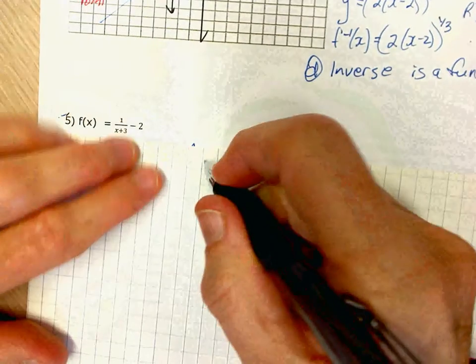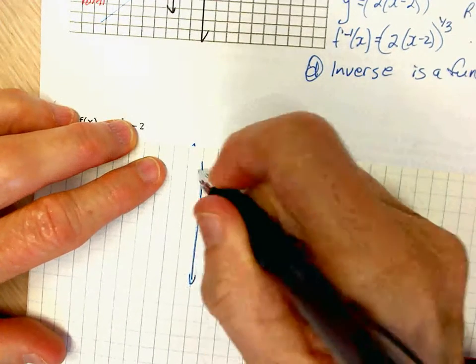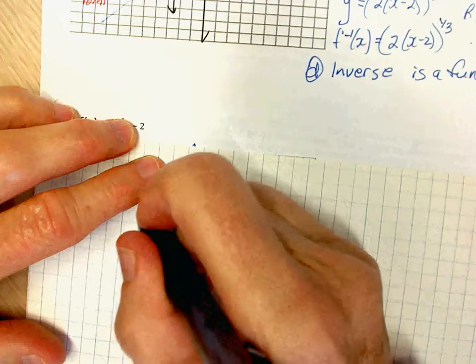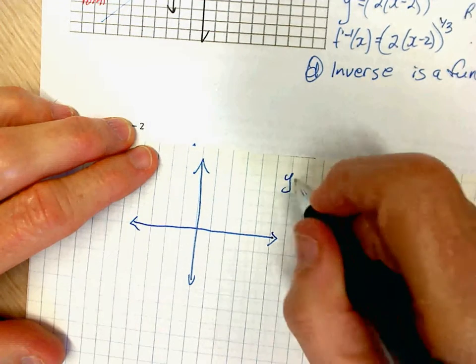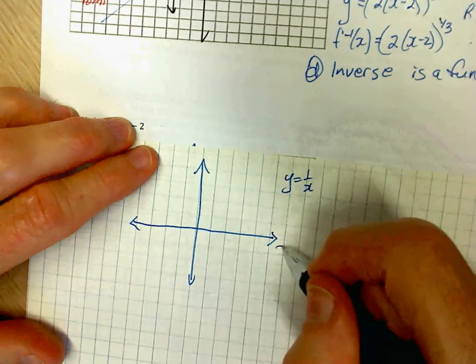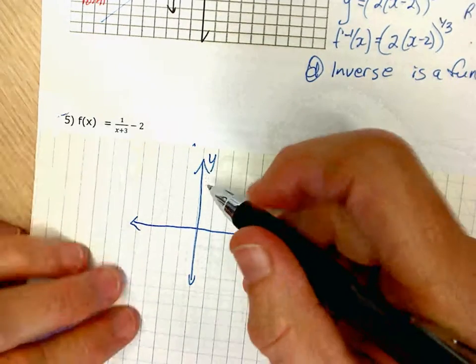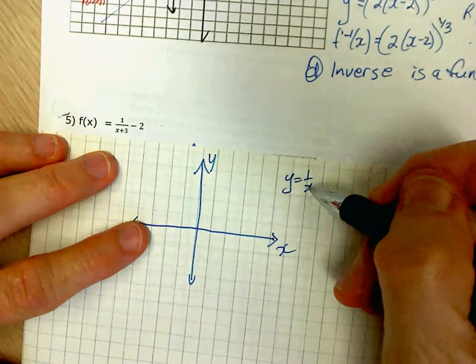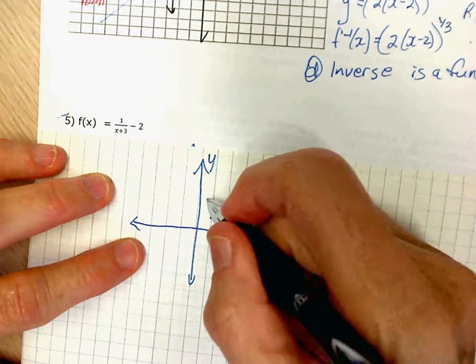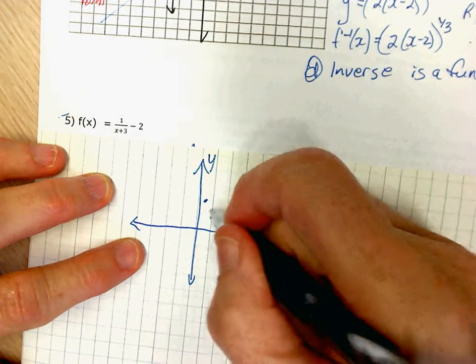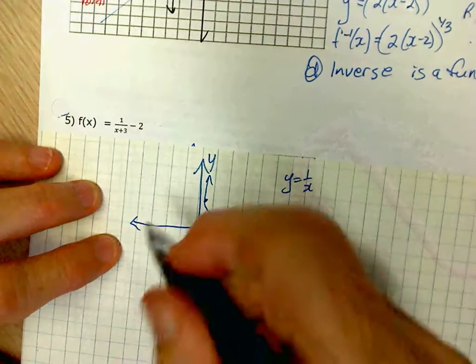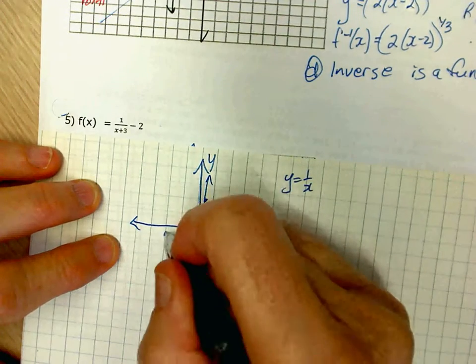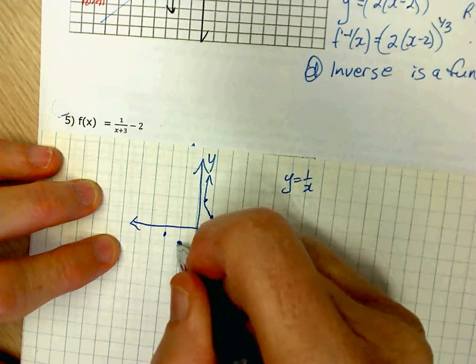When you draw y equals 1 over x, the graph looks exactly like this, right? You have 2 asymptotes. You should feel comfortable with that by now.